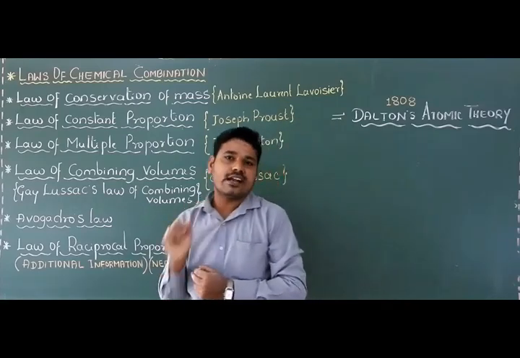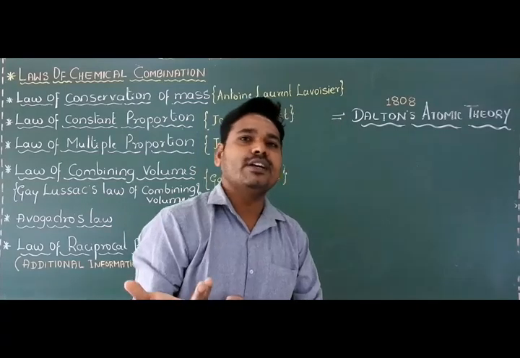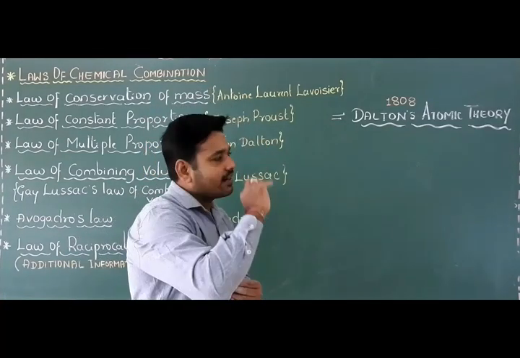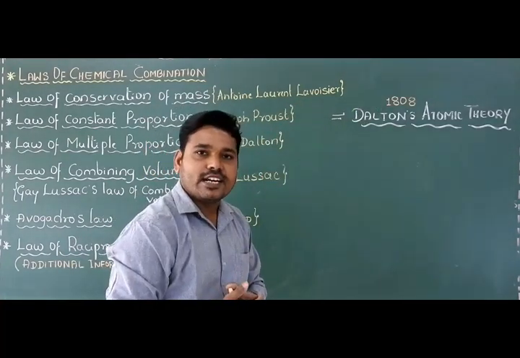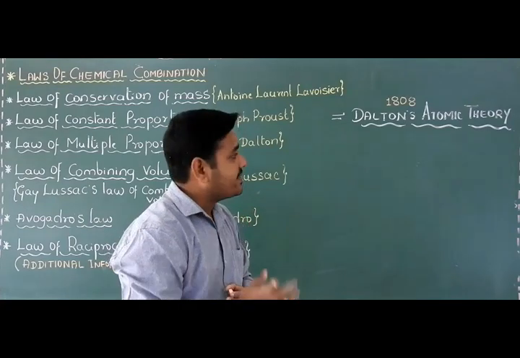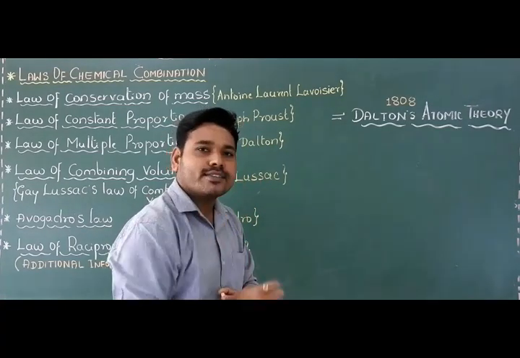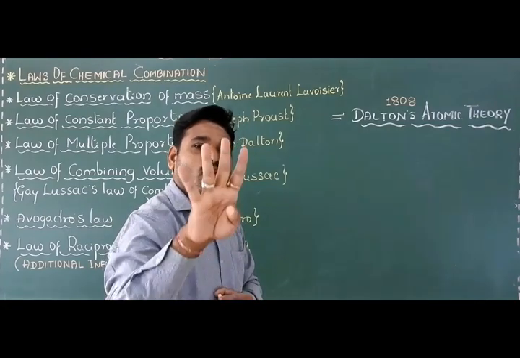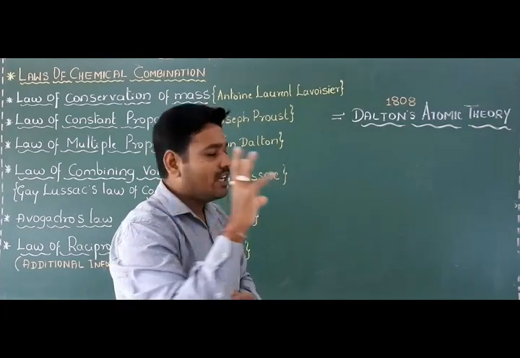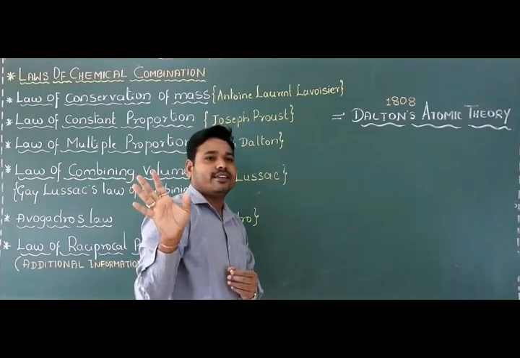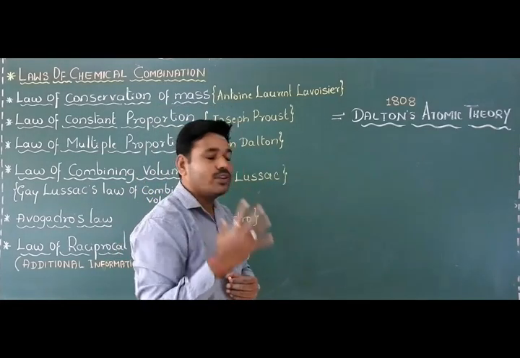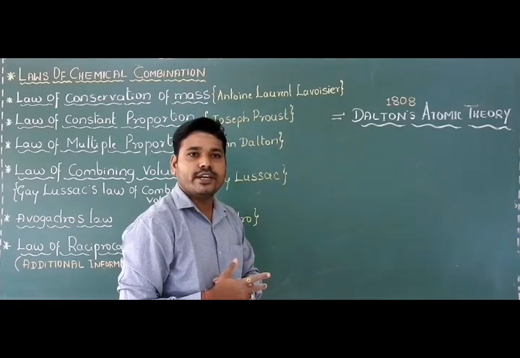Based on this theory, in the exam only one possible question they may ask, that is, write the postulates of Dalton's atomic theory. This question carries 3 or 4 marks in the examination, students. They will ask only the postulates for 3 or 4 marks on this concept. Is it clear? Is there any doubt in this Dalton's atomic theory, students?